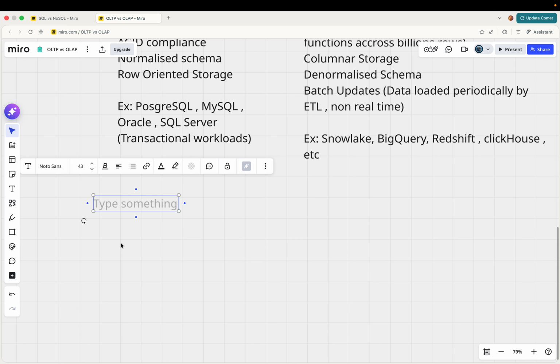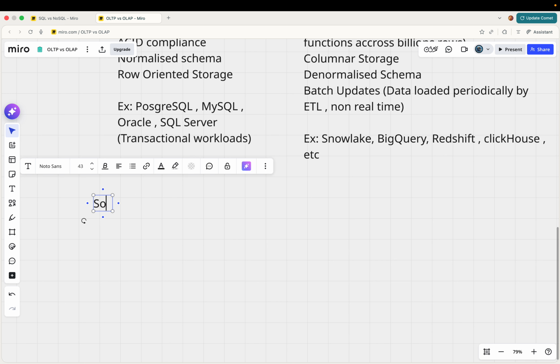In warehouses, generally we have OLTP databases itself, and ETL, extract, transform, load, then the data warehouse. So generally, how does data come to a data warehouse?